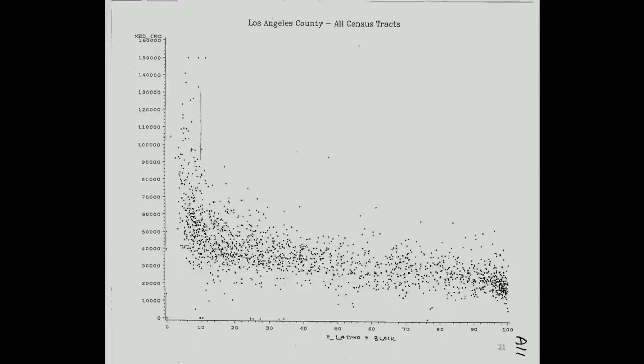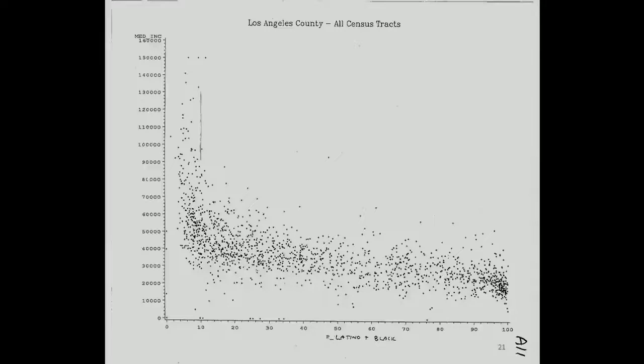And then on the other dimension, we took the percent of both Latino and African American, what percentage of the population combines these two groups, who are economically, in LA County, the most disadvantaged on average. And they range from 0%, so these are all white census tracts here, to 100% or near 100%. These are all predominantly or overwhelmingly minority communities.